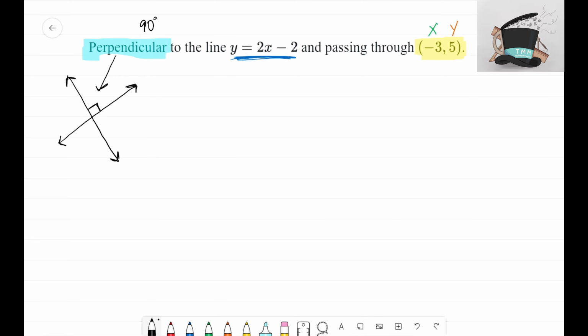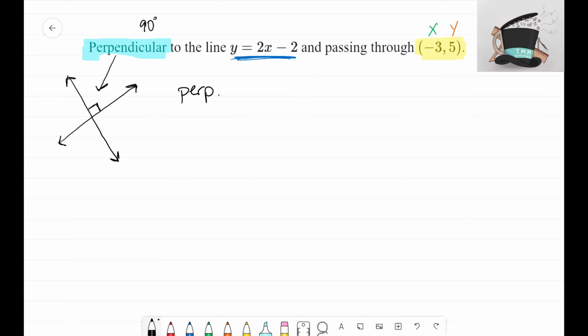Now, for two lines that are perpendicular to each other, there's something special about their slopes. They are actually opposite reciprocals of each other. I'm going to go ahead and write that down.